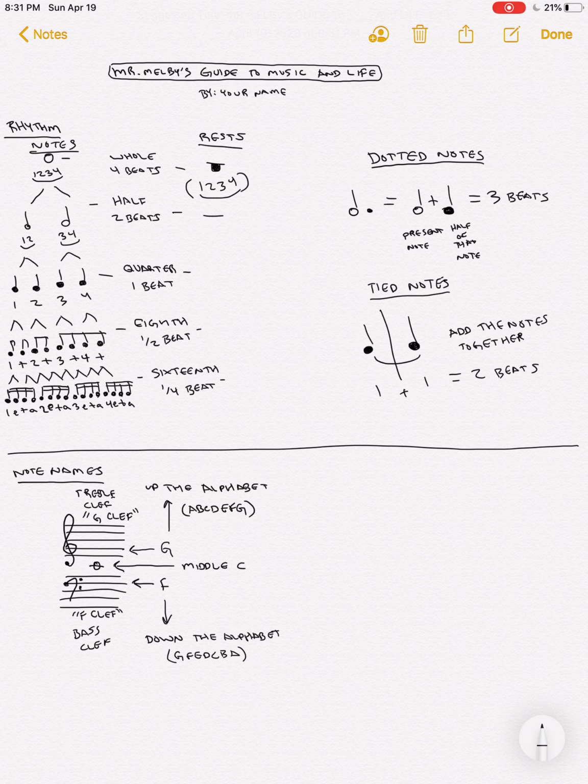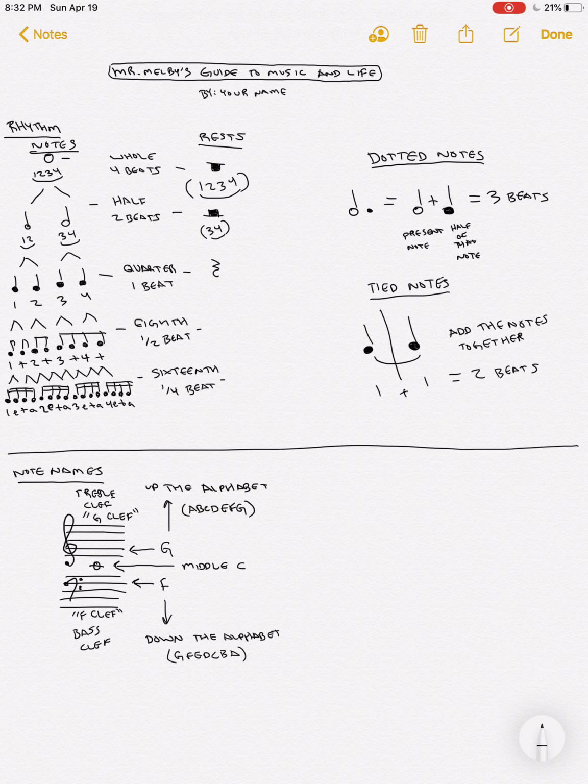Half rests are a mirror of whole rests. They are 2 beats, written the same as half notes, but with parentheses to indicate there is no note sounding in the music at that time.